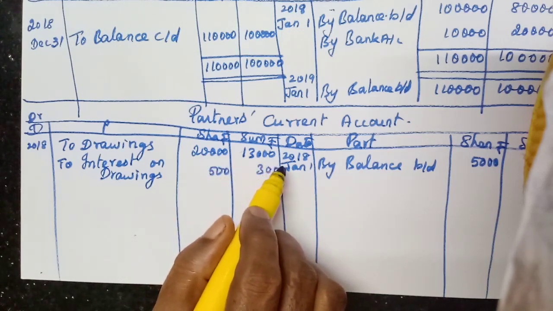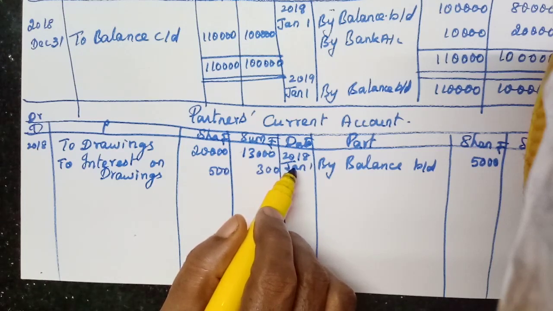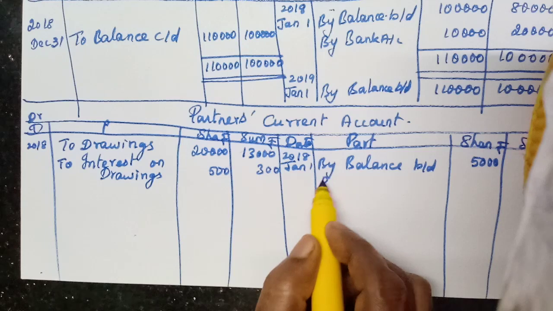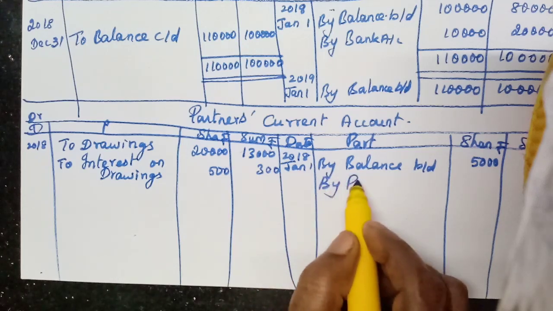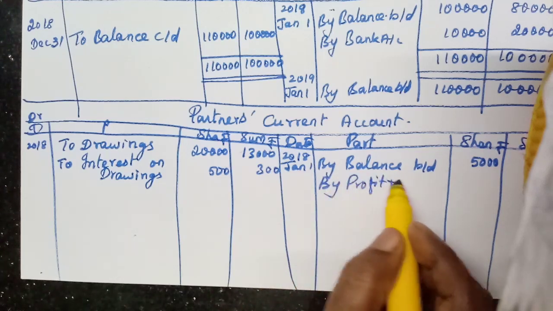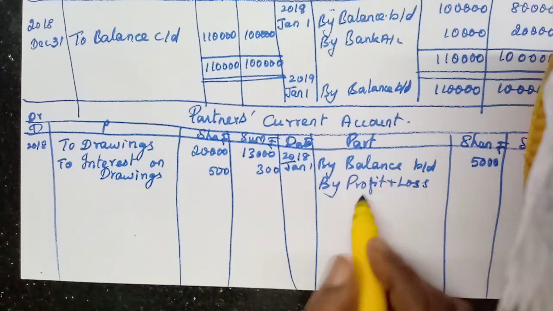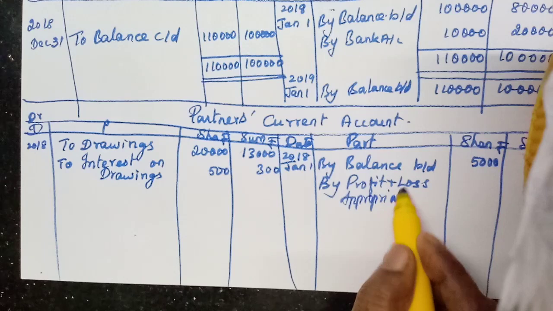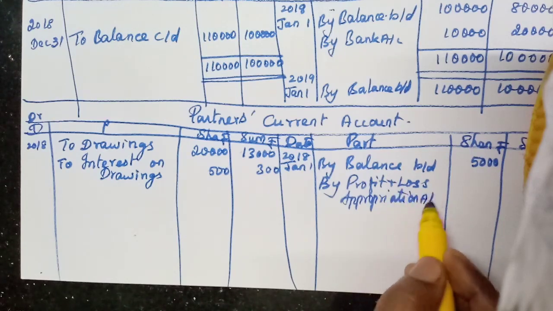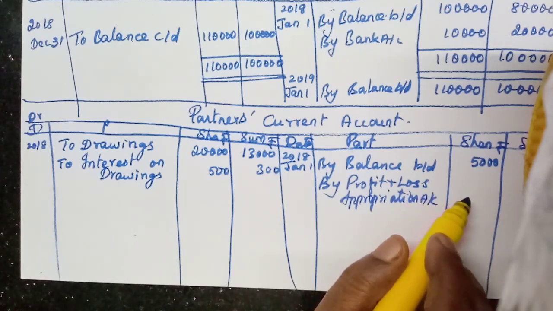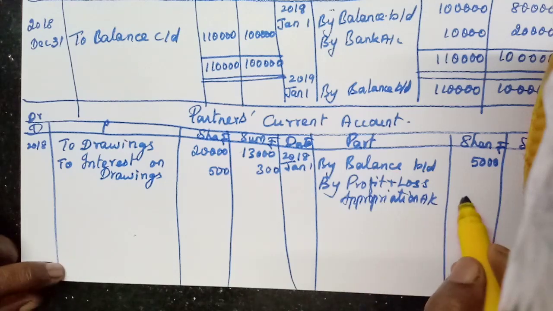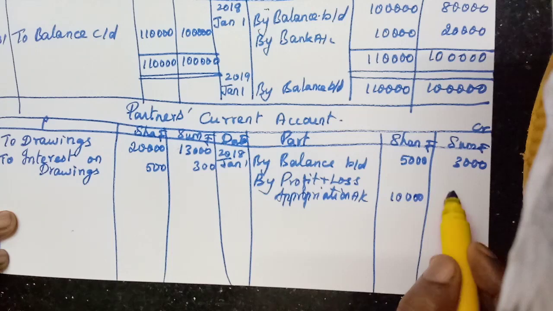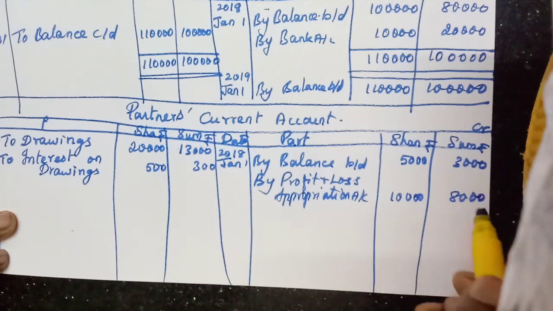Then share of profit, that is profit. We have to write by profit and loss appropriation account, 10,000, 8,000.